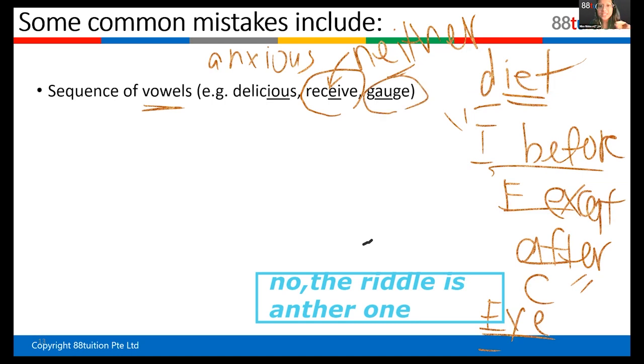A-U usually makes the O sound, like autumn, like caught. Caught, C-A-U-G-H-T, right? This is the O sound. But here, it's not "gawj," it's "gayj," right? So it's pronounced differently. That's why you need to take note of the spelling. Some words are just spelled like that and you just have to remember, okay? So these are sequencing of vowels, knowing which one comes first.